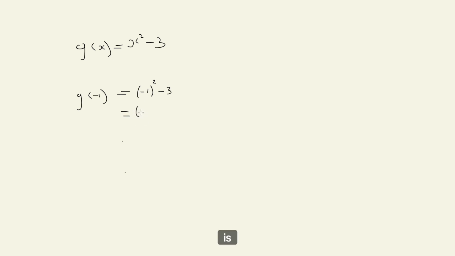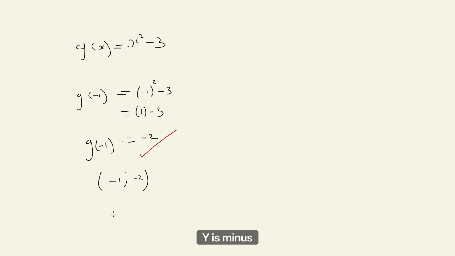So the answer is 1 minus 3. 1 minus 3 is the same as minus 2. So your answer here is minus 2. As a point on a graph, it is also written when x is minus 1, y is minus 2.